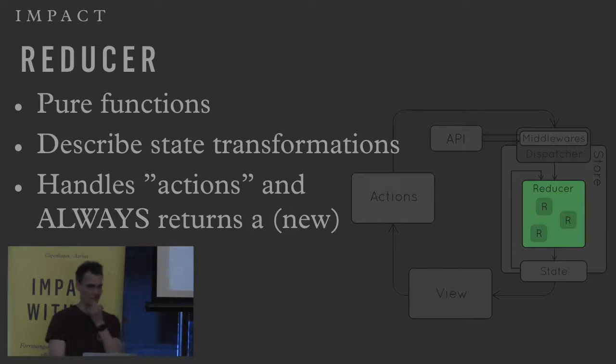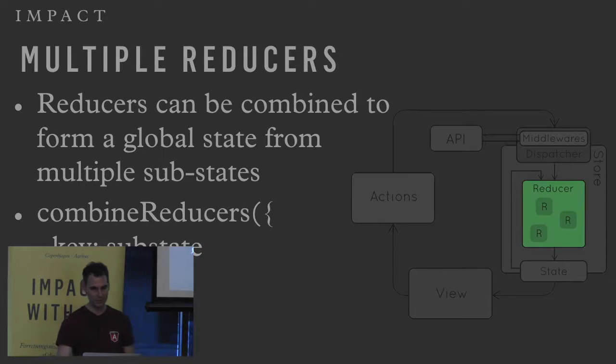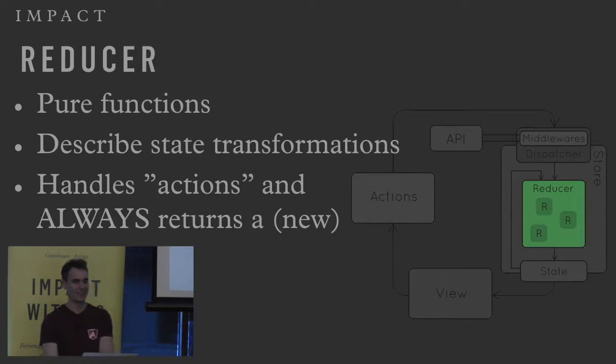In the case of a reducer, it always takes two arguments: the application state or the current state of your application and the incoming action. And from that action, it will determine how to transform the state into a new state, which is propagated to the view.